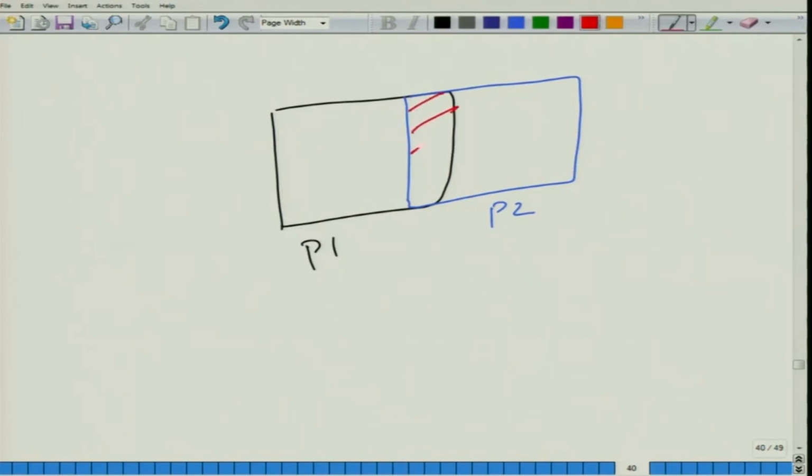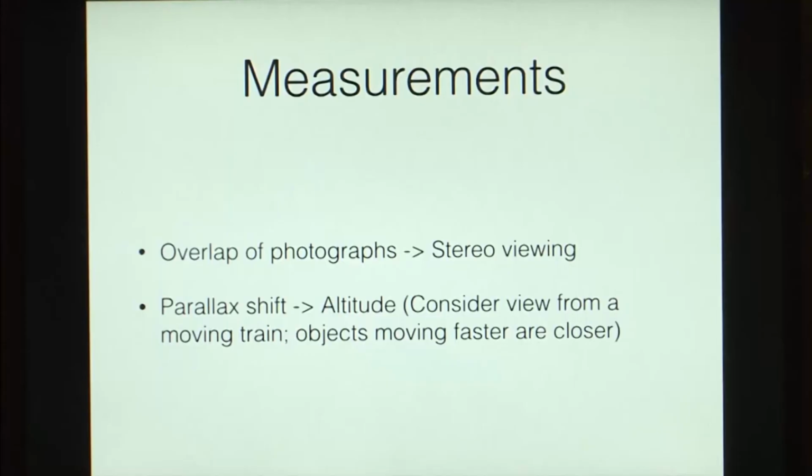This region is common between both these photographs. So, any point on this region would be photographed from two cameras at two different locations, giving us a stereo pair. So, that would permit us to perceive the depth across this photograph.